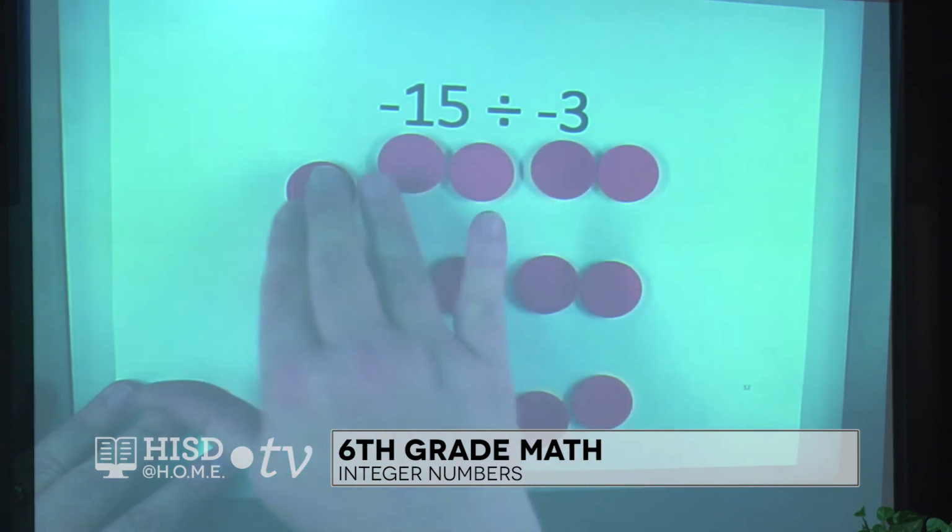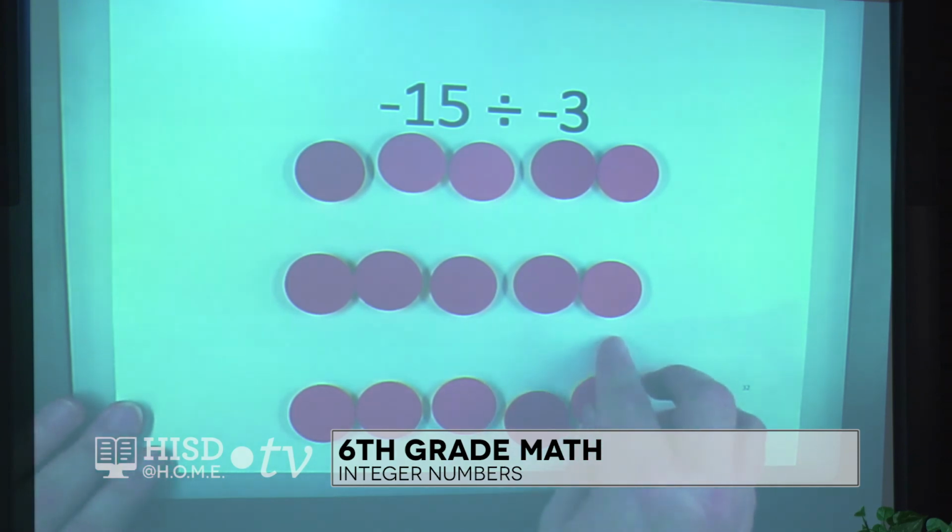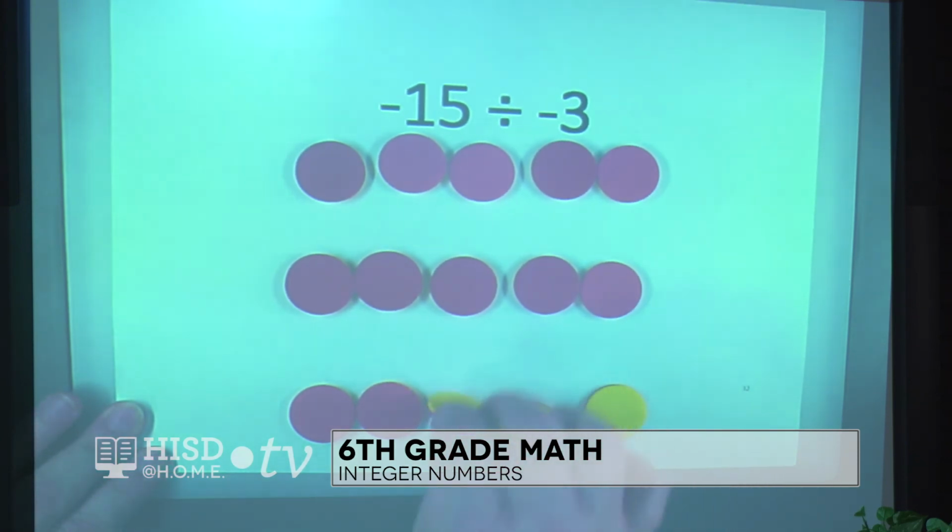I was doing this earlier. I can do this. Negative 15 divided into 3. But the problem isn't asking me to divide by 3. It's asking me to divide by the opposite of 3. And so what do I do when I have an opposite of a number? That's right. Flip, flip, flip.